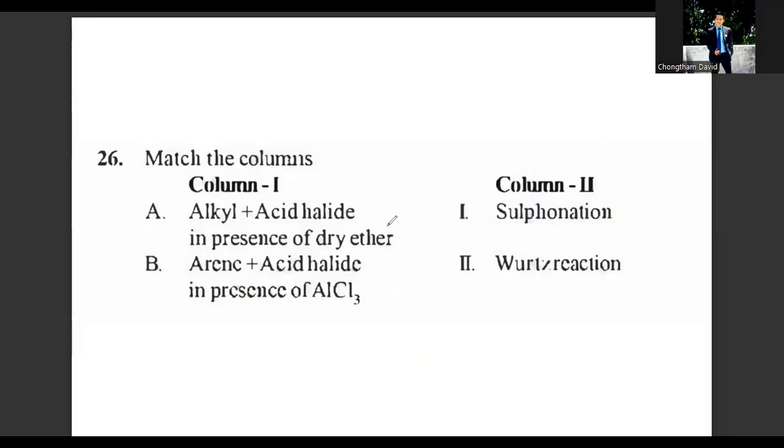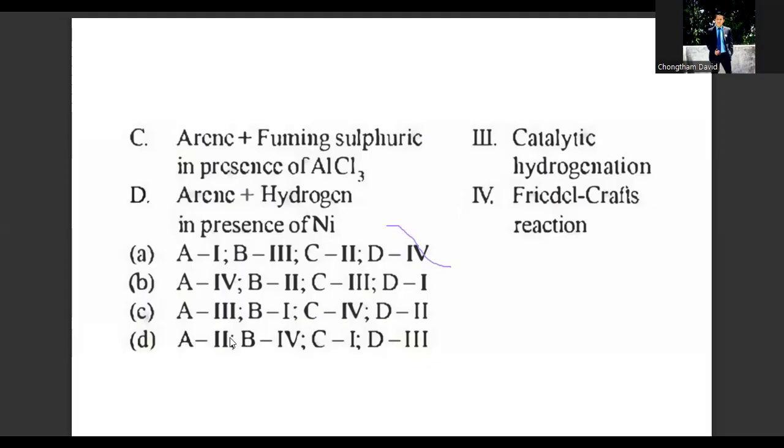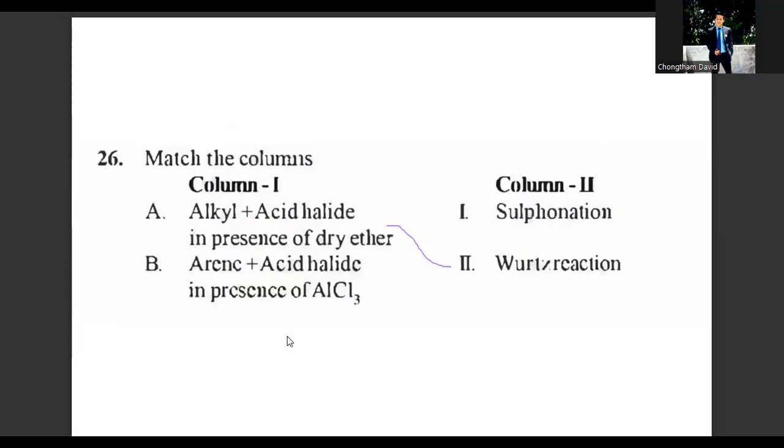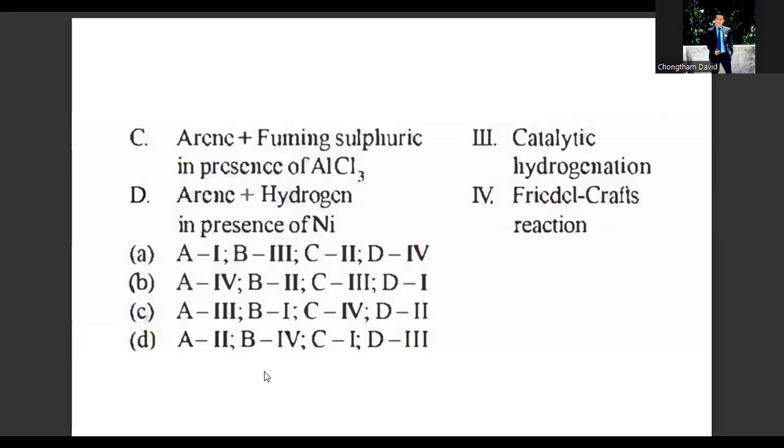Okay, this is 2, if you look at the options, and B will be arene plus acid halide, which is the Friedel-Crafts reaction. C. Fuming sulfuric acid in the presence of aluminum chloride is your sulfonation.